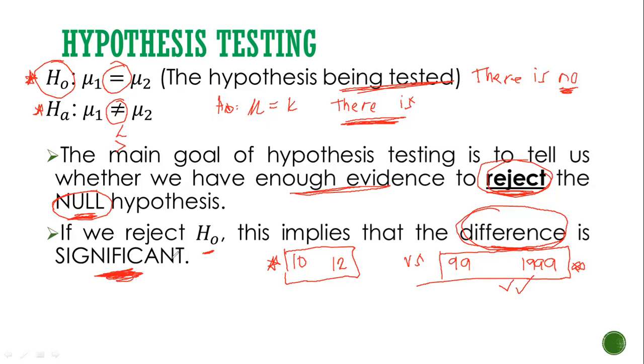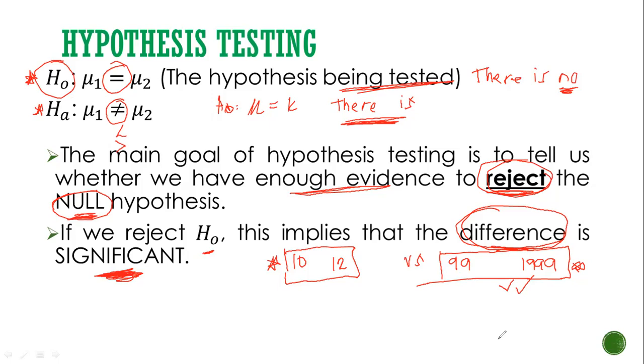Relating it to your relationship. Kunyari, meron kang jowa. Significant ba siya sa'yo? Mahal mo ba talaga siya? Mahal ka ba talaga niya? Parang ganon. So there should exist a significant difference dapat. And so that's hypothesis testing.